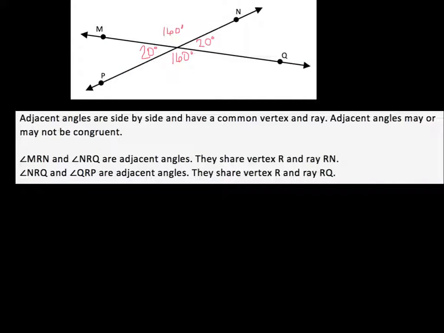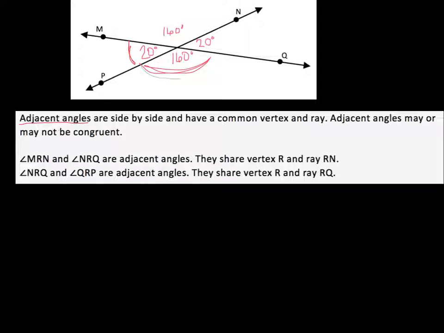Okay, then we have something called adjacent angles. As you see, this chapter so far has just been defining a lot of things and adding new vocabulary into our repertoire. So adjacent angles, just like adjacent sides, are two angles that are next to each other. So our 20 degree and our 160 degree, those two are adjacent.